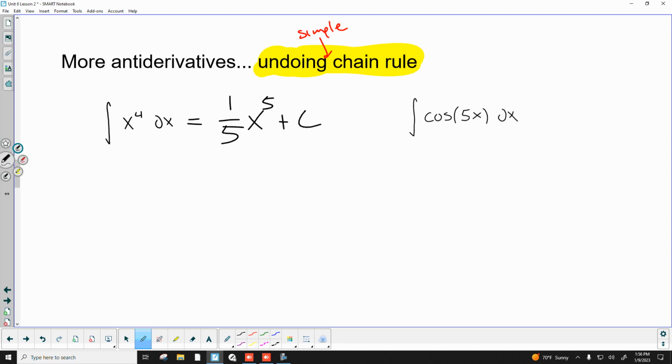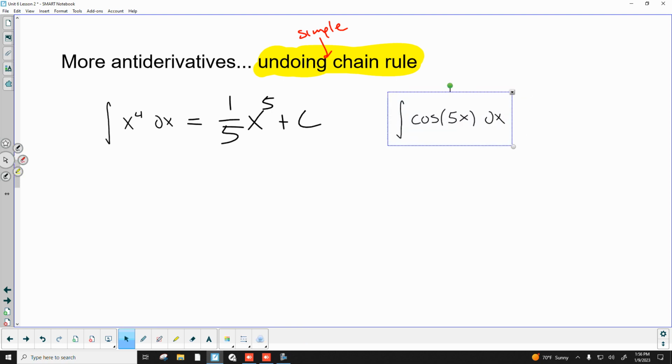Now, I'm asking you to take the antiderivative of cosine 5x. And I'm going to give you a quick hint here, guys. Just like with derivatives, with antiderivatives, what starts in the parentheses needs to stay in the parentheses. It's got to be going both ways. Okay, please try to figure out which function has a derivative cosine 5x.